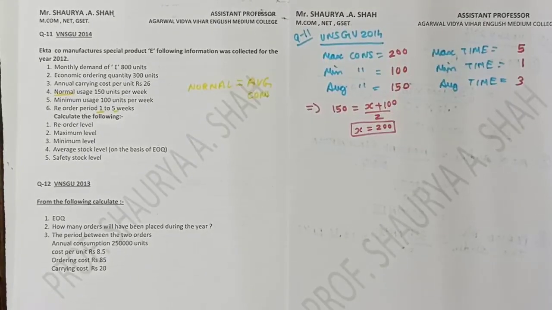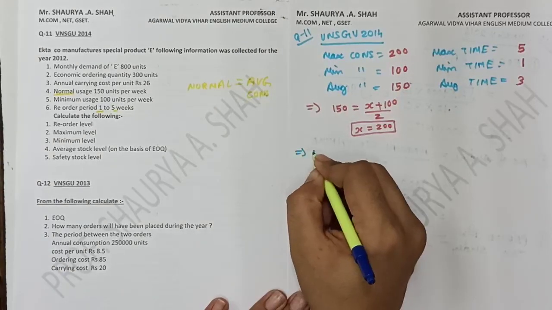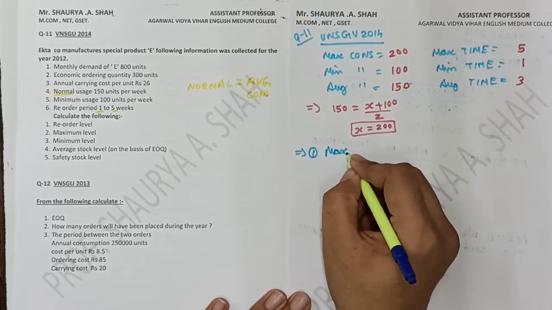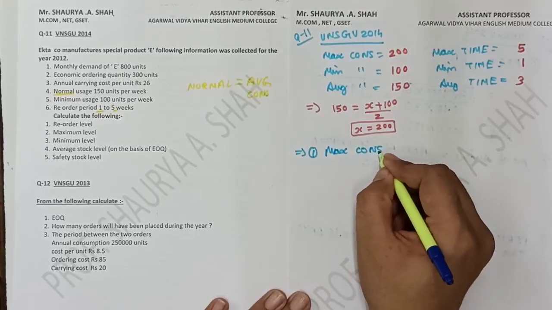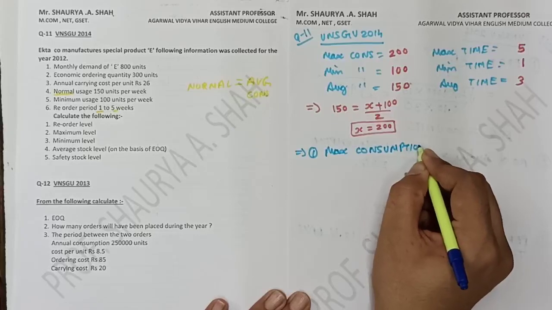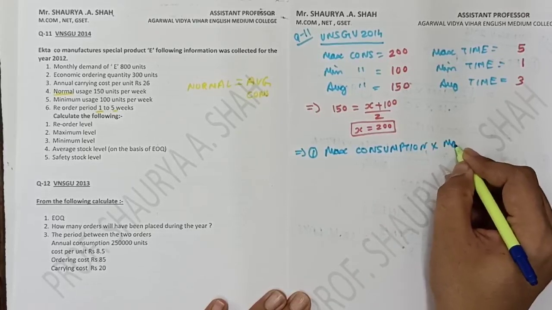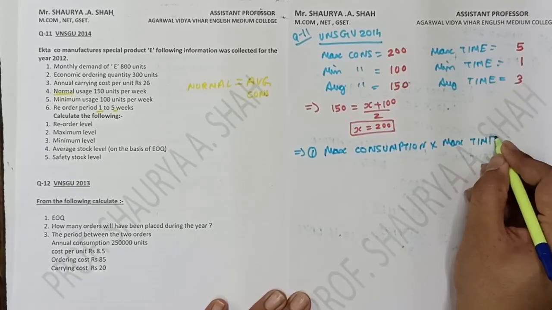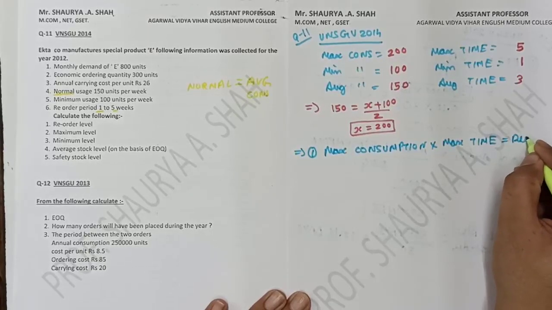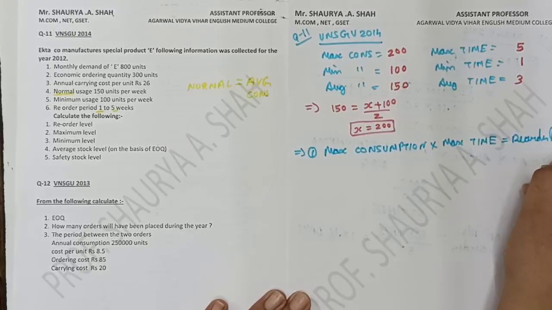The very first asked is your reorder level, right? So students, what is the formula of reorder level? Again, we'll be going quickly because we all have learned this, fine. It is maximum consumption into maximum time is equal to reorder level, right?